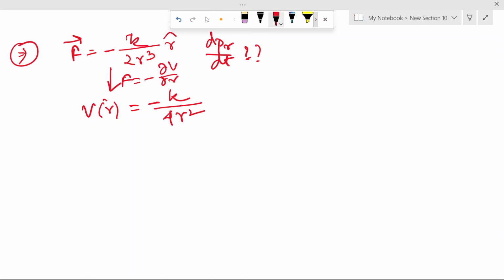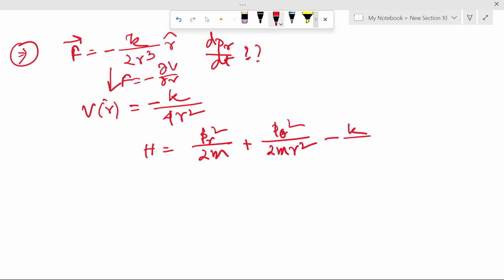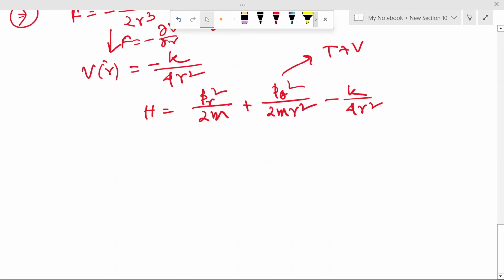You can easily write the Hamiltonian from here. That will be pr square by 2m plus p theta square by 2mr square minus k by 4r square. It is basically T plus V, the total energy. Hamiltonian is the total energy.